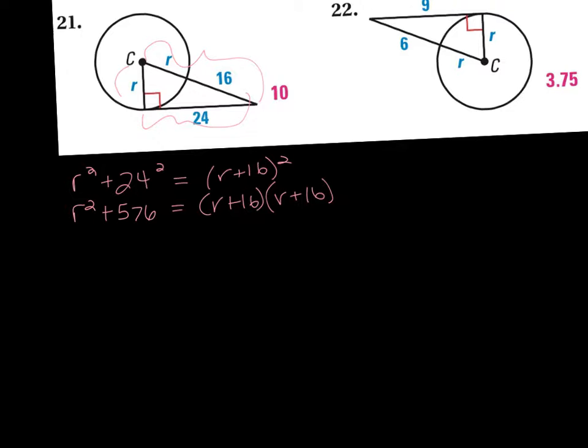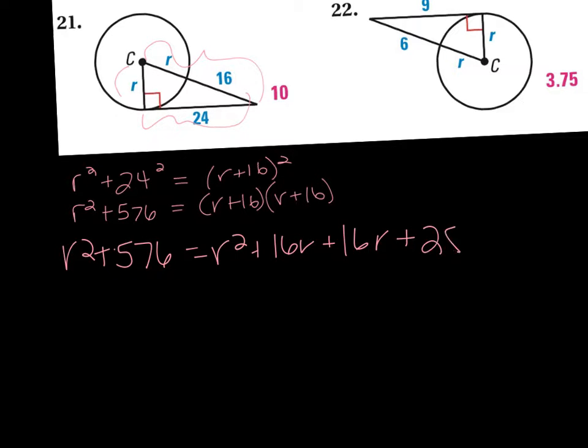So 576 equals r squared plus 16r plus 16r plus 256. R squared plus 32r plus 256.